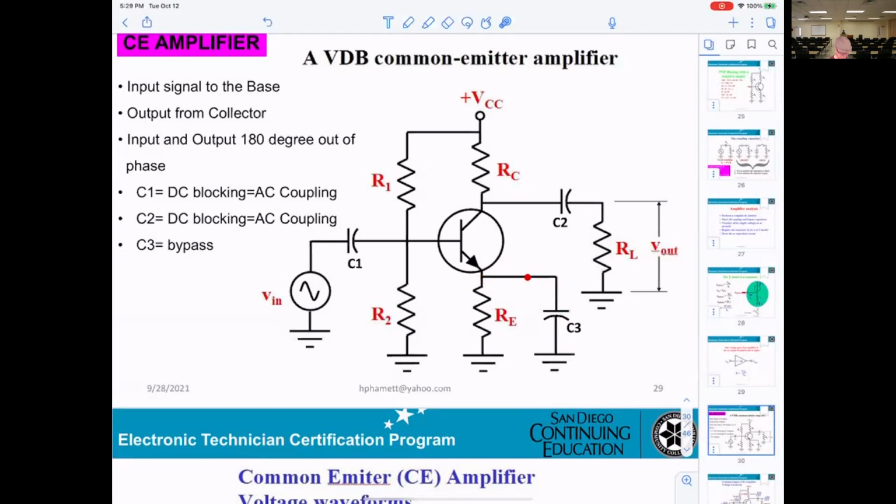So the AC current goes through the capacitor to the ground. It does not go through RE. That's why they call it bypass. What do they bypass? They bypass the RE. With the bypass capacitor, the gain of the amplifier will be increased. Without the bypass, the gain will be reduced. That is the purpose of the bypass capacitor.